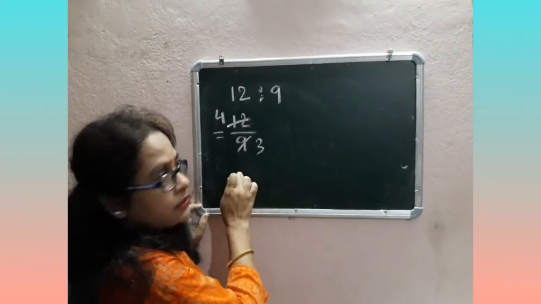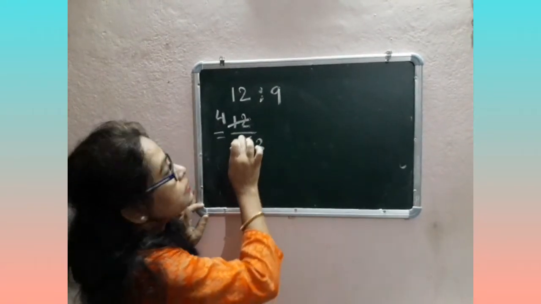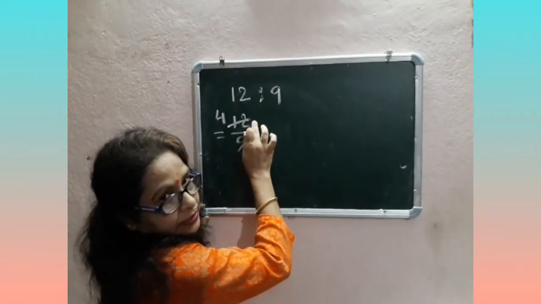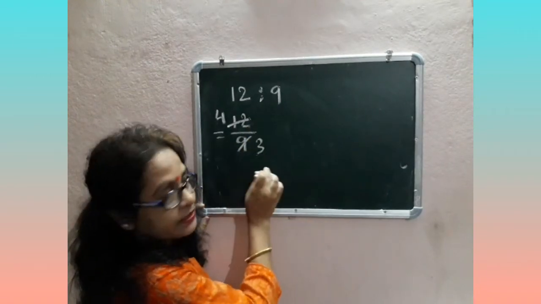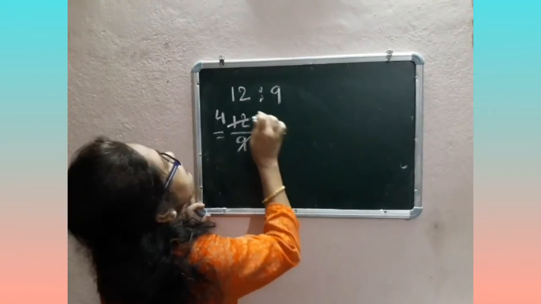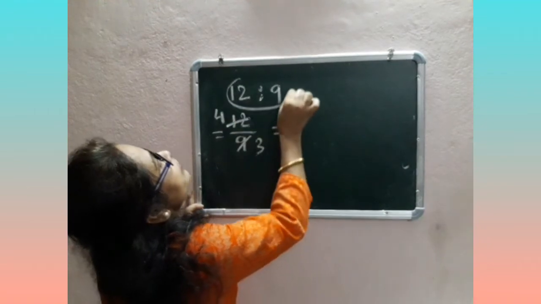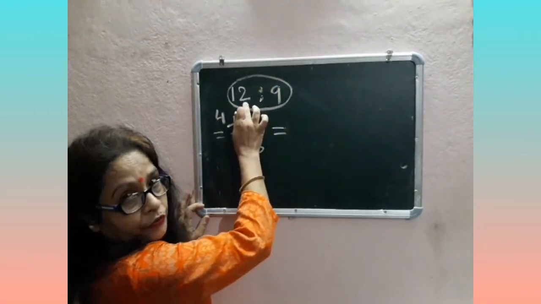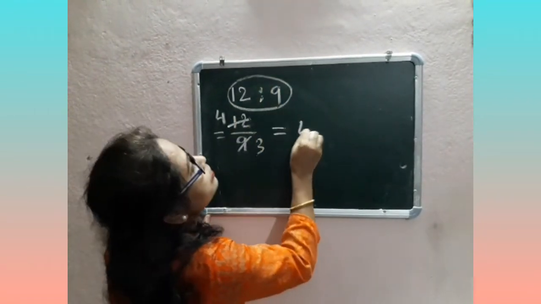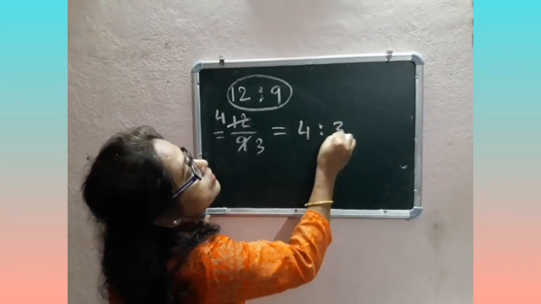Lowest form means we divide the numerator and denominator by the same number. So the lowest form of the ratio 12 is to 9 equals 4 is to 3.